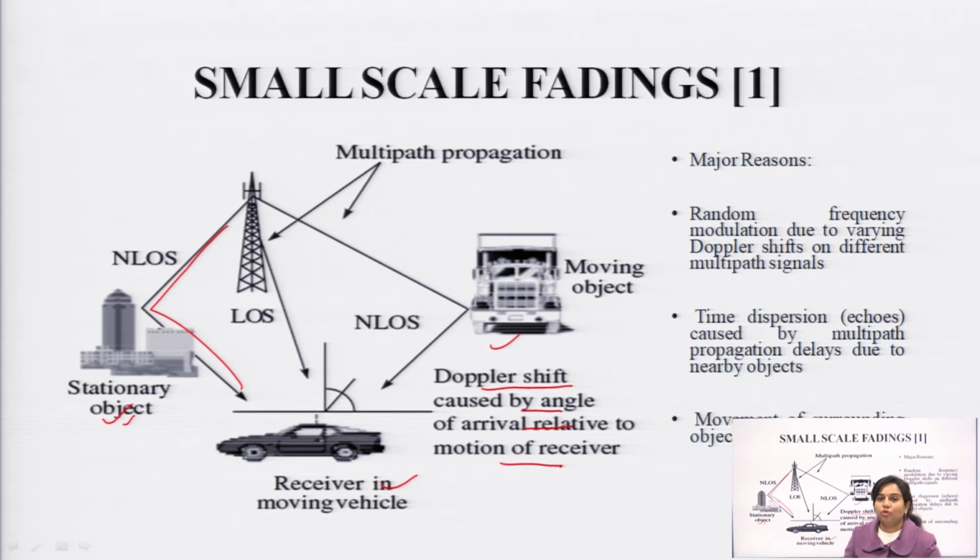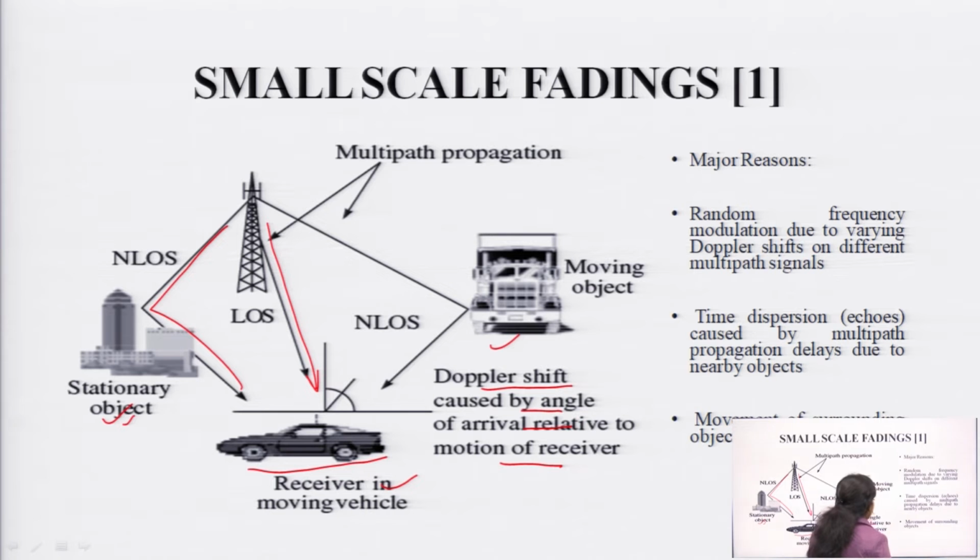That is known as the Doppler frequency, which you have to calculate due to the Doppler shift. Here line of sight exists between the transmitter and receiver, which is in a moving vehicle. All of this is part of multipath propagation.